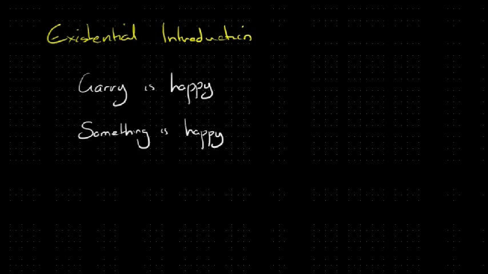Hopefully that's pretty obvious. Now the way that we would formalize this in QL, if we say that small g is Gary and a big H is happy, then we'd write Hg for Gary is happy. Now, to translate something is happy, remember we're going to need a quantifier.